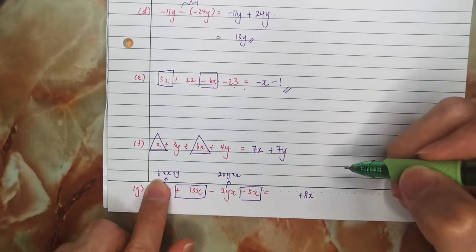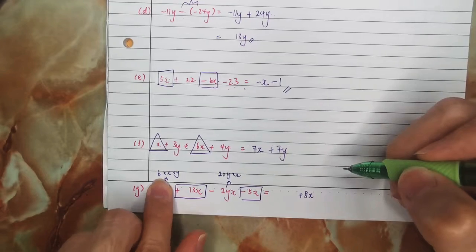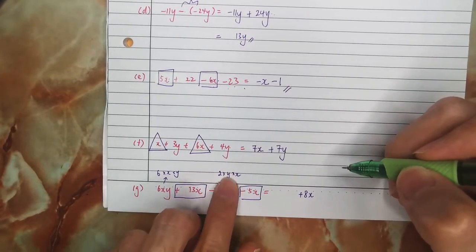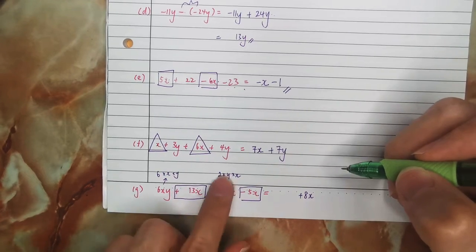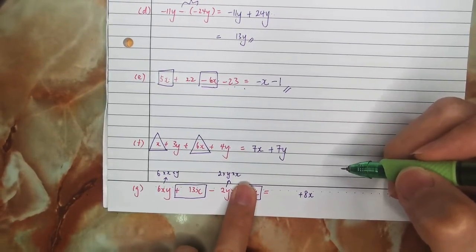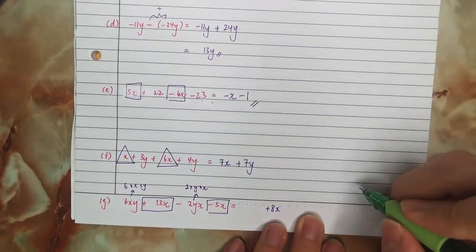Let's look at the breakdown of these two terms. 6 times x times y, and the next one is 2 times y times x. Is x times y the same as y times x? Okay, let's use some numbers to represent.